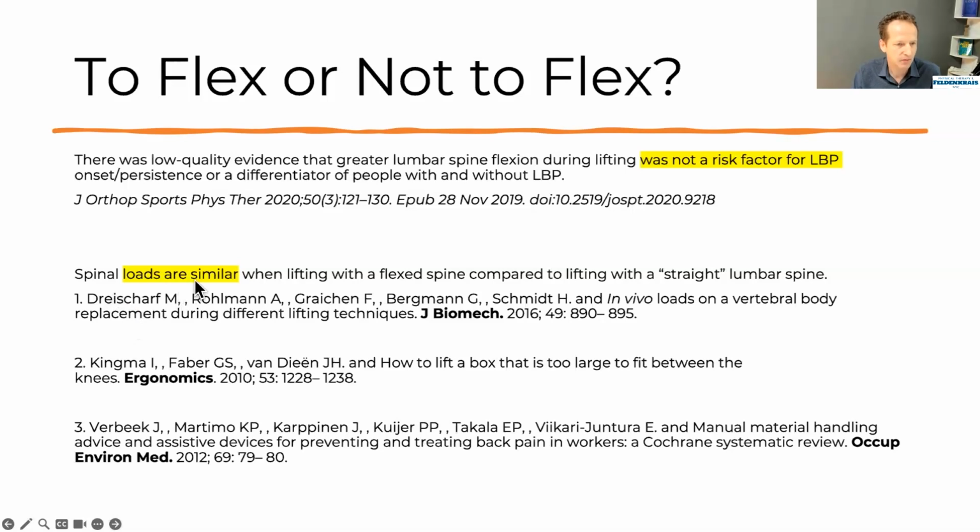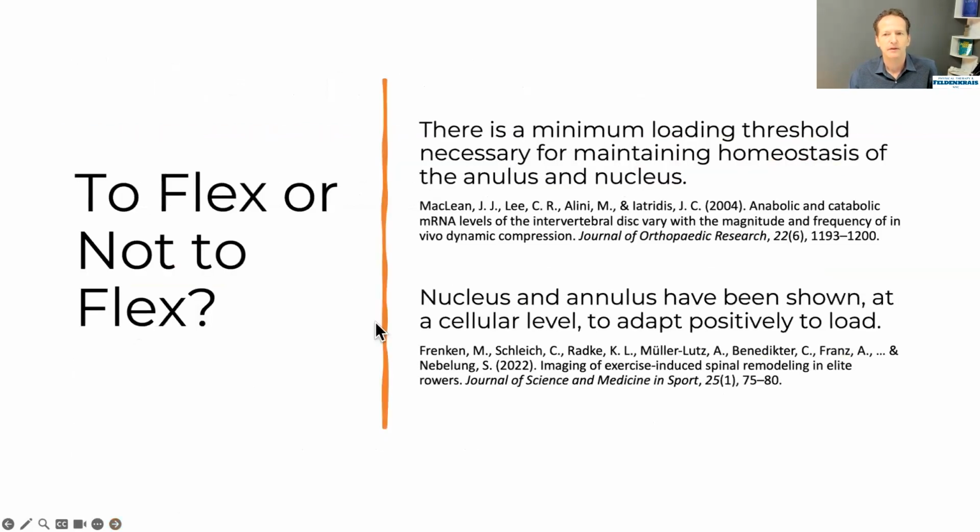Spinal loads, these are three studies here that show that spinal loads were similar when lifting with the spine flexed, compared to lifting with a natural or normal curve, straight lumbar spine. It gets even more interesting, that spinal flexion might actually be a necessary trigger to strengthen your discs, to remodel them.